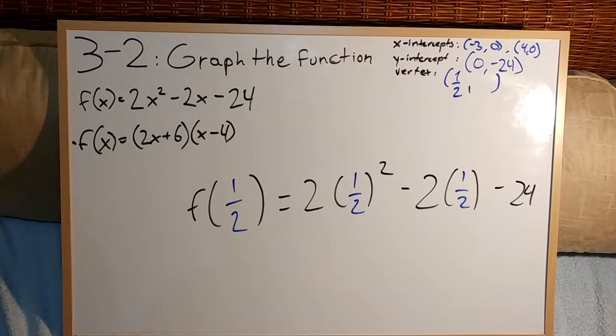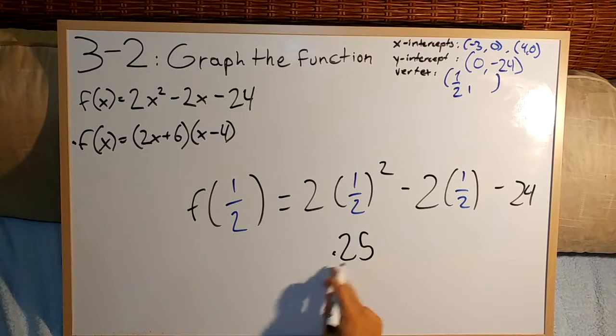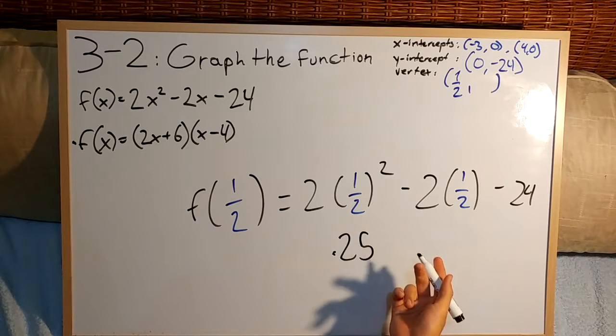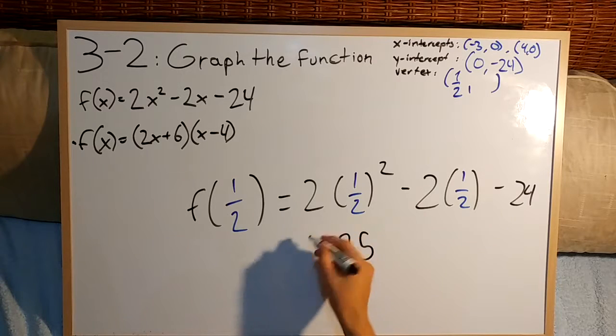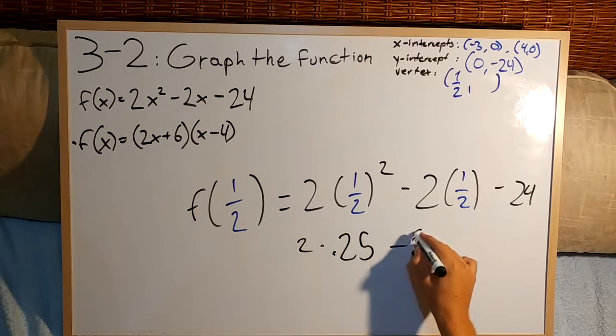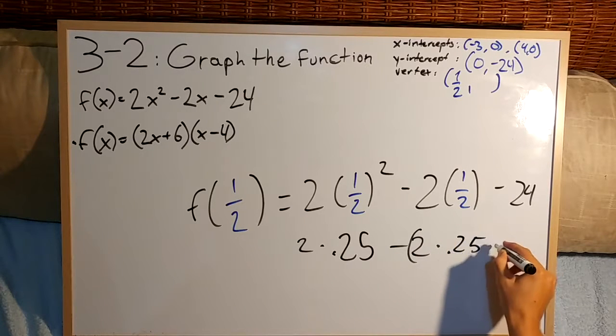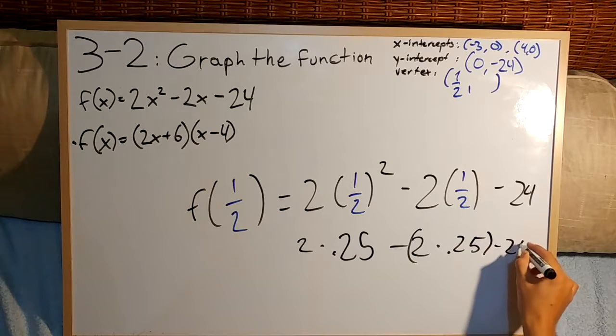Half squared is a quarter, 0.25, or 1 over 4. And we just multiply times 2, and then minus 2 times 0.25, minus 24.